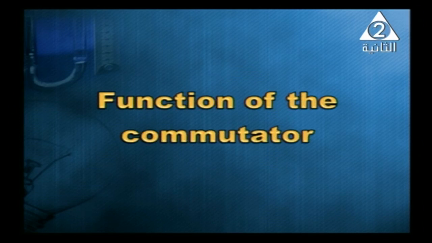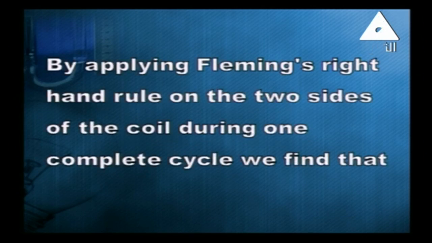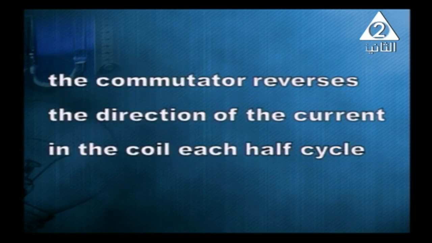And now we've got a very important question. What about the function of the commutator in the dynamo? By applying Fleming's right hand rule on the two sides of the coil during one complete cycle, we find that the commutator reverses the direction of the current in the coil each half cycle.